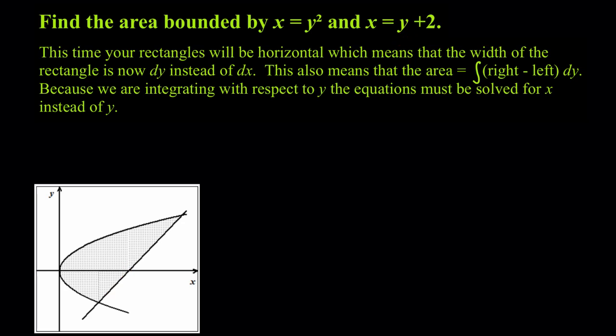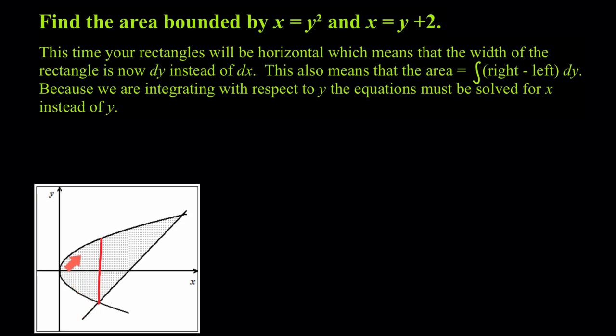So we could integrate this with respect to x, but if we did that, we would have to break up our area into two regions using this intersection point right here.